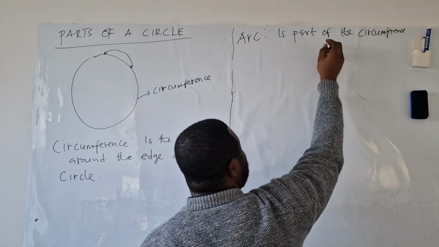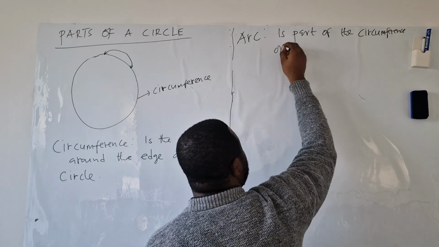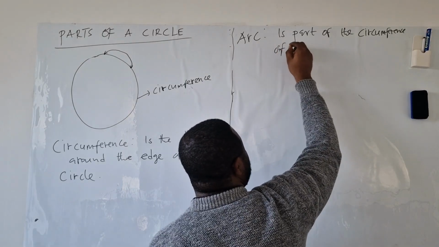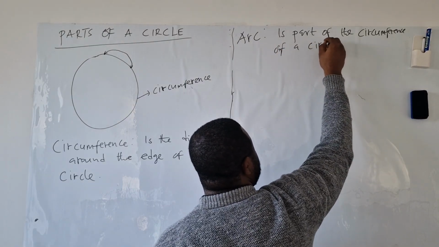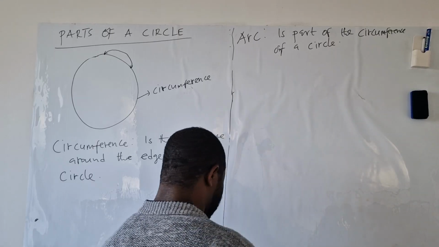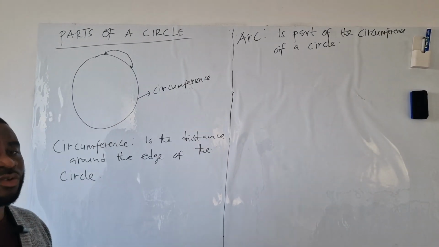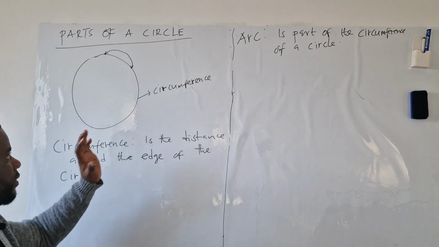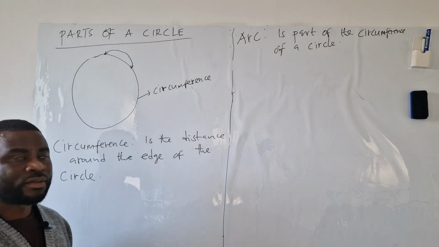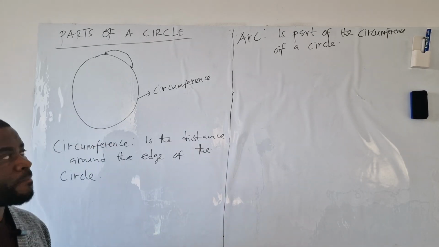So anytime you consider a part of the circumference of the circle, we call it an arc.